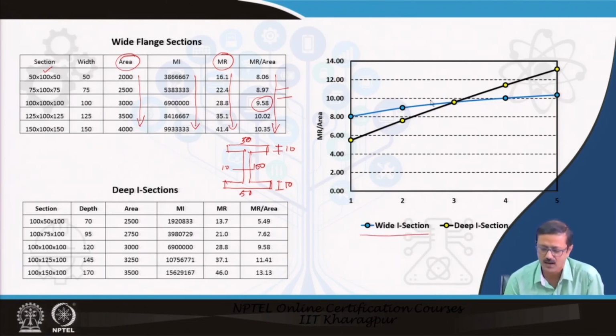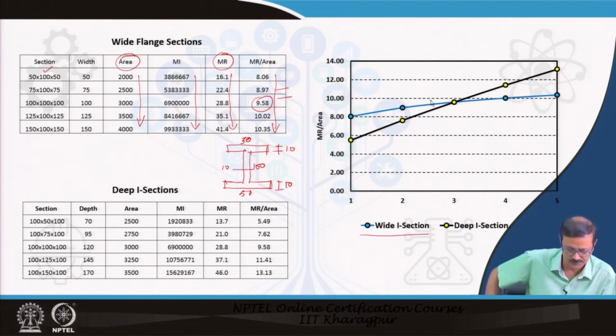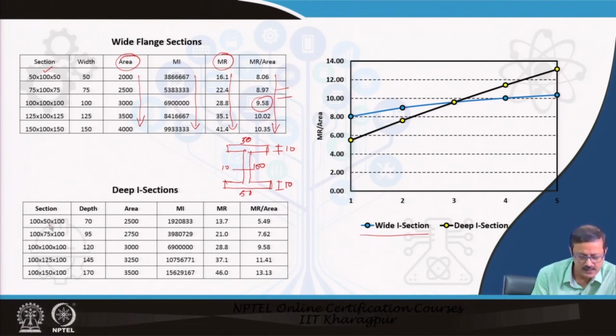But if you increase the depth, now see here, I have increased the depth, starting from 70 and then going to 95, 120, 145 and 170 like that, and the flange remains 100, always the same. Now there is no change in the width of the flange.